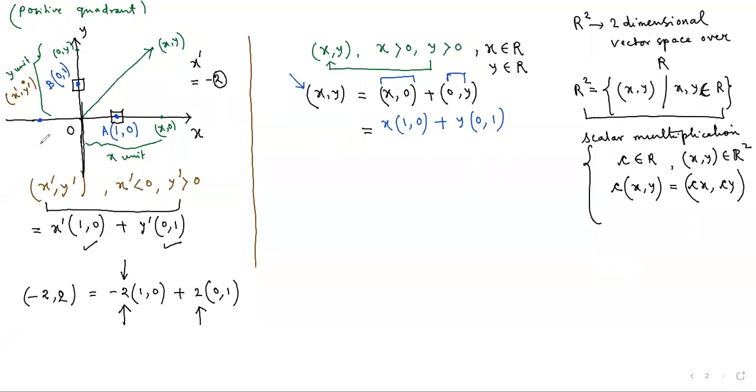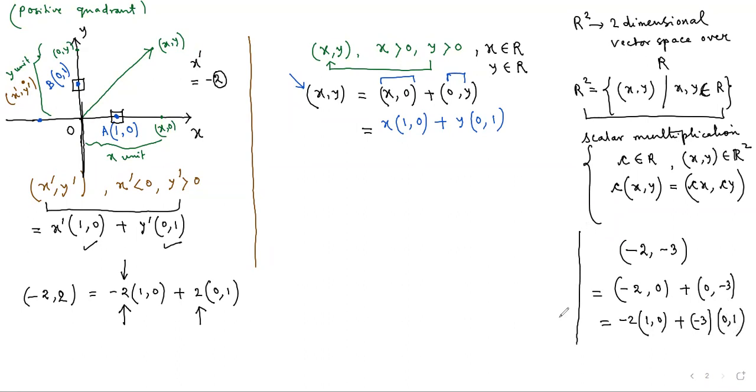Similarly, if I choose any point on the third quadrant, say -2, -3, then again we can write this as -2, 0 plus 0, -3. And we can take -2 common, and write -2 into 1, 0 plus -3 into 0, 1. Similarly, if I choose any point, say 10 and -6 on the fourth quadrant, then we can still write it as 10 into 1, 0 plus -6 into 0, 1.